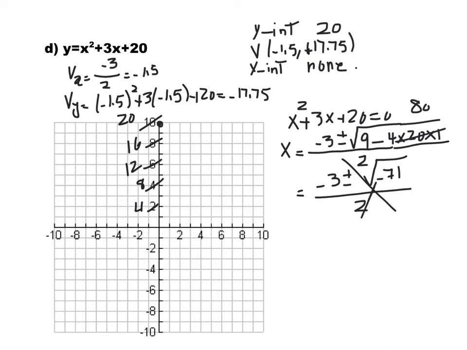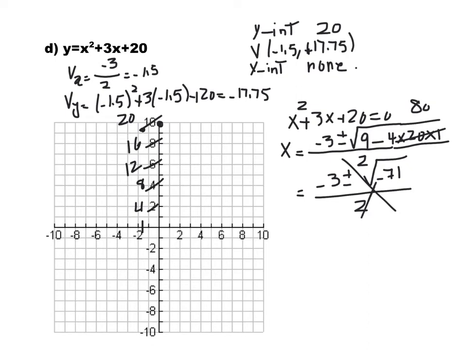When x is negative 1.5, which is here somewhere, negative 1.5, y is 17.75, which is going to be, let's see, 16, 17, which is going to be somewhere around here. This is going to be our vertex. The x-intercept is none, so there is no x-intercept.